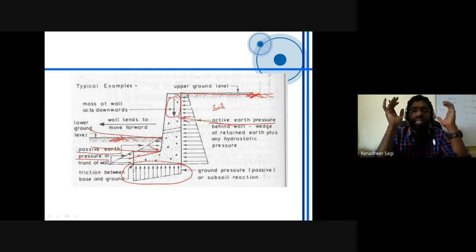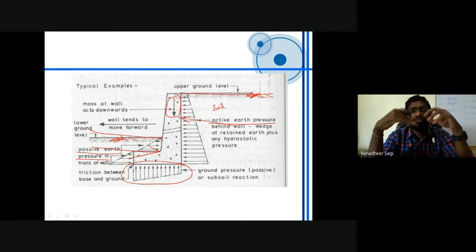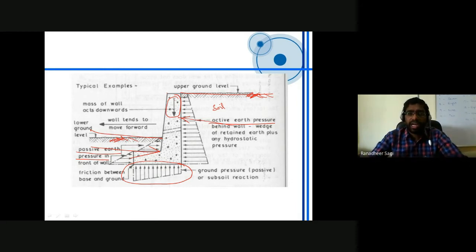After understanding all the different forces coming on that retaining structure, to take care of all these effects, the weight of the retaining wall has to be taken into consideration, along with active earth pressure force and passive earth pressure force, if at all they are getting developed. And from the bottom, there is a subgrade reaction offered by the soil at the bottom of the retaining structure.